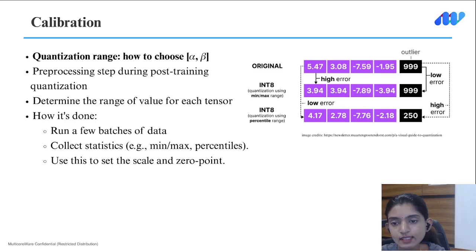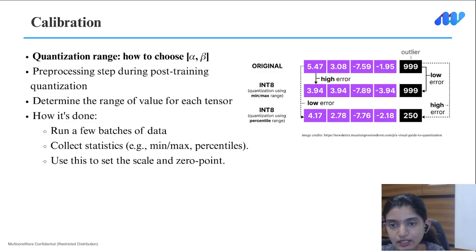On the right hand side image you can see the min-max method and also percentile applied. In the input original data, you can see there is an outlier, 9,999. When we apply quantization through calibration with the min-max range, you can see 5.49 when quantized becomes 3.94, so we get a higher error.